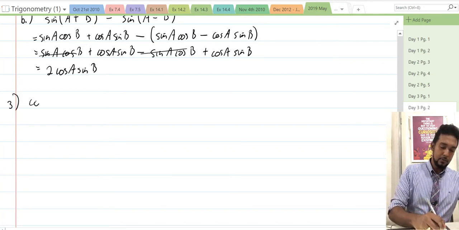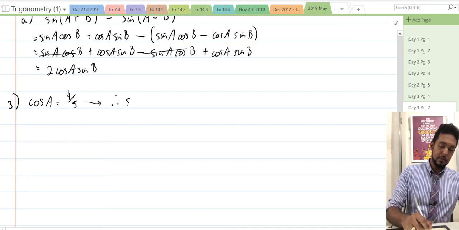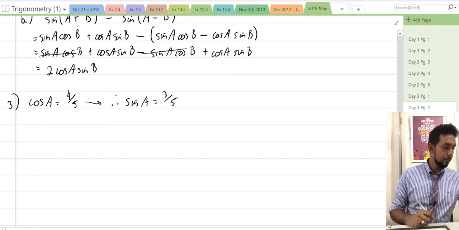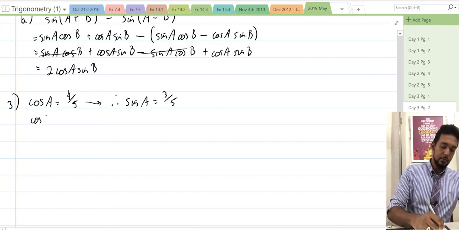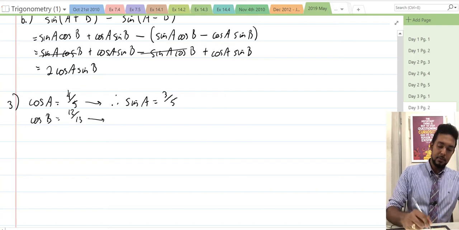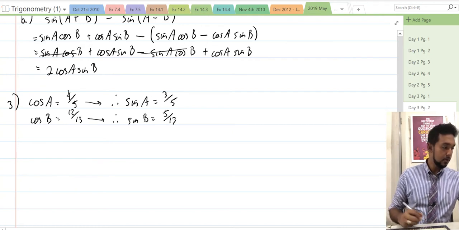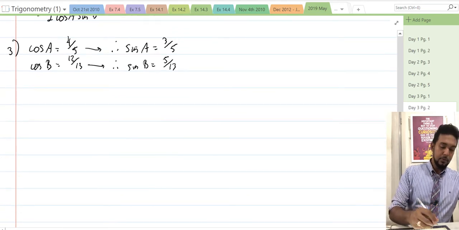Alright, so we have cos of A is equal to 4/5, which therefore means that sine A is equal to 3/5. And we have cos of B is equal to 12/13, which means that sine of B is equal to 5/13. Alright, lovely. So what do they want us to state?